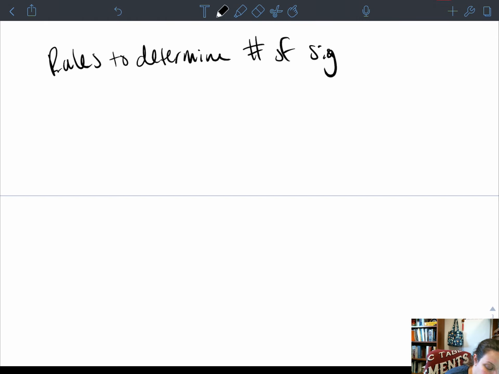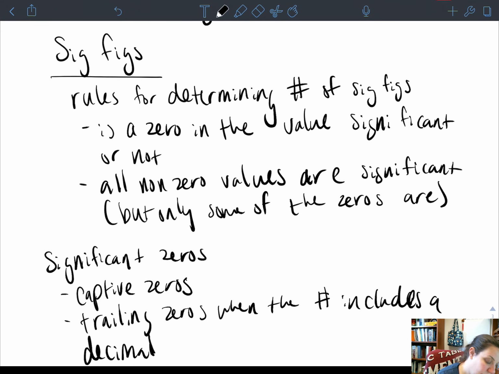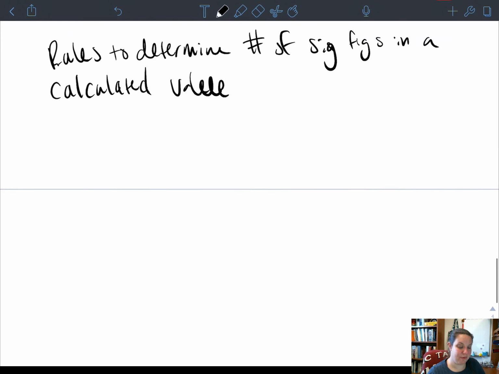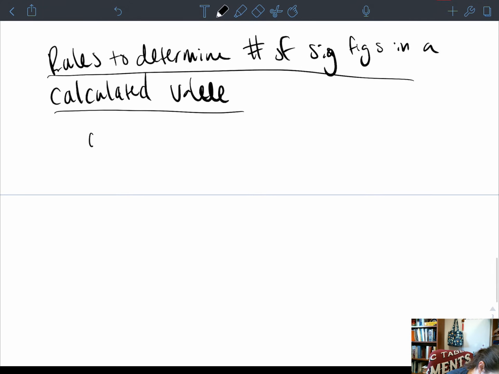And then there are rules to determine the number of sig figs or significant figures in a calculated value. So these are sig figs for measured values. And then if we have a calculated value, we have addition subtraction rules.